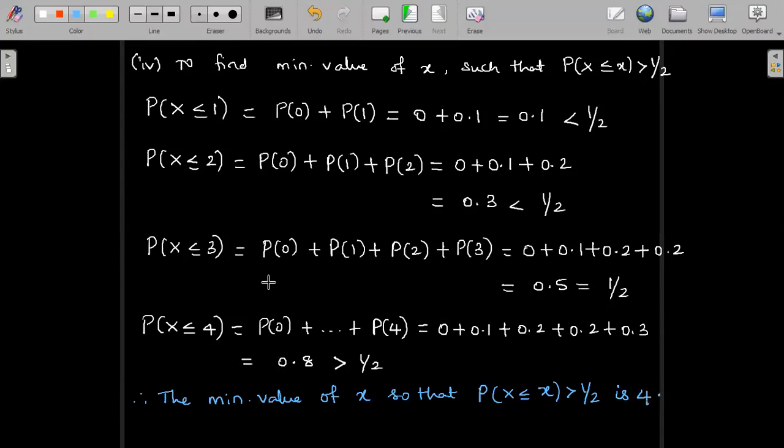So for x equal to 4, it satisfies. So minimum value is 4. For greater than 4 also, it satisfies the same condition. Means the sum of all the probabilities until 5 will obviously be greater than 1 by 2. 6 also will be greater than 1 by 2. So like that we can obtain that the minimum value which satisfies the condition is 4.